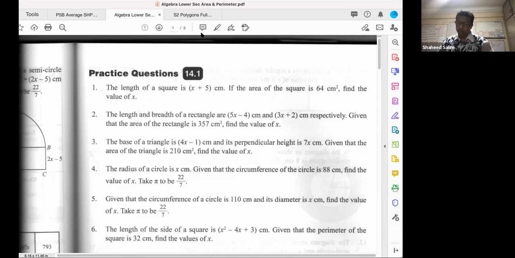So we're going through different algebraic topics, and this one is on area and perimeter.